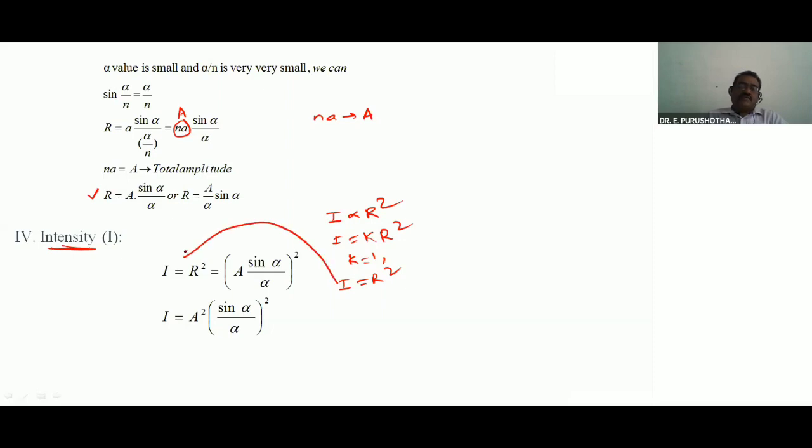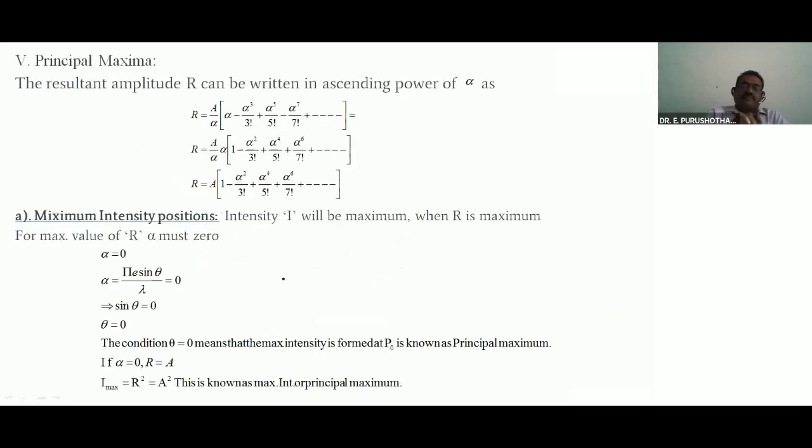Substituting this R value, we can write I is equal to A square sine square alpha by alpha square, that is I is equal to A square into sine alpha by alpha whole square. This is the intensity.